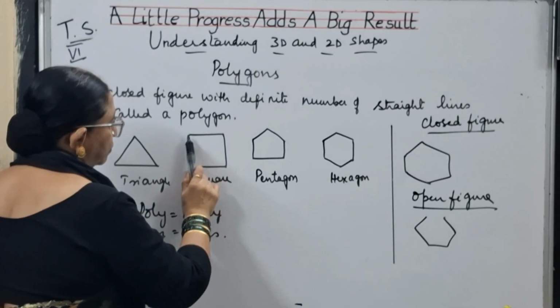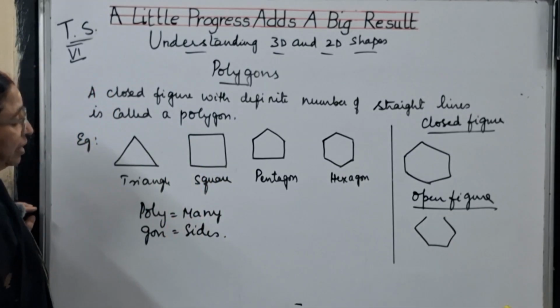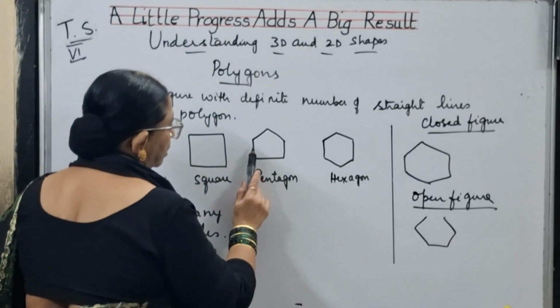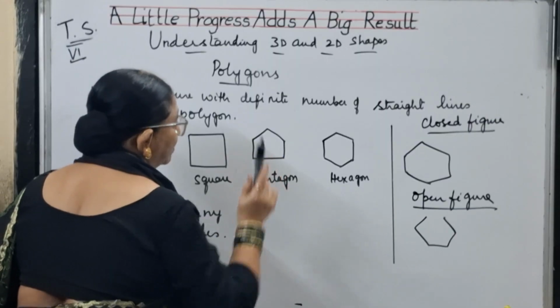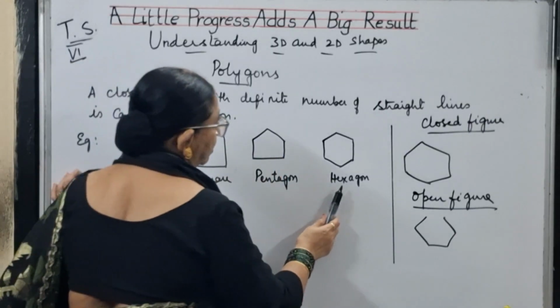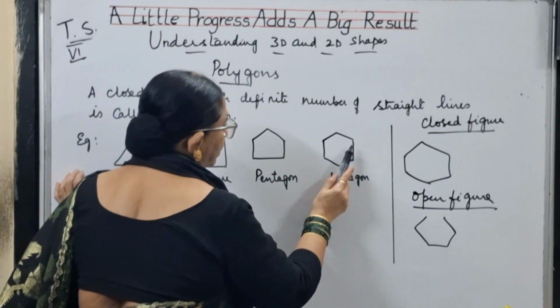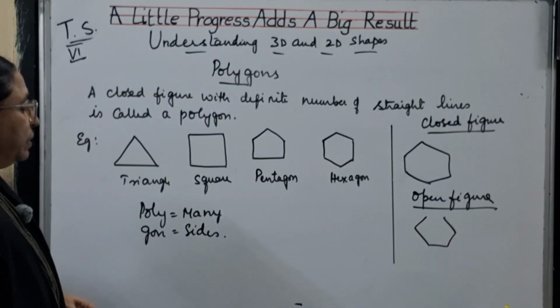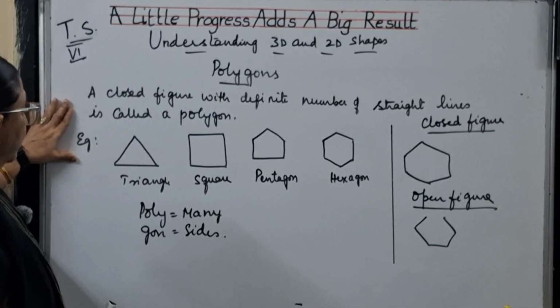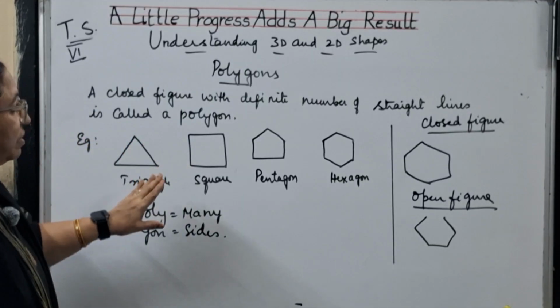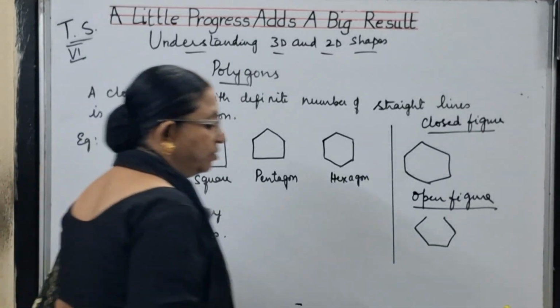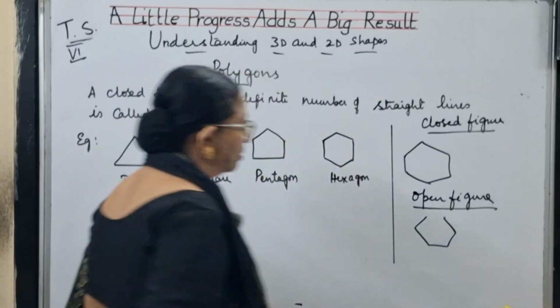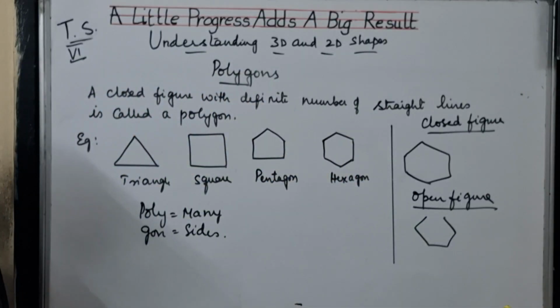Square, all the four straight lines, even a rectangle you can take. Then pentagon. Pentagon means 1, 2, 3, 4, 5 sides. And hexagon. Hexa means 6. 1, 2, 3, 4, 5, 6. 6 sides are there. So in this way, closed figures which have got a certain number of straight lines are called polygons. So, please write this introduction, children. Then I will do the next part.